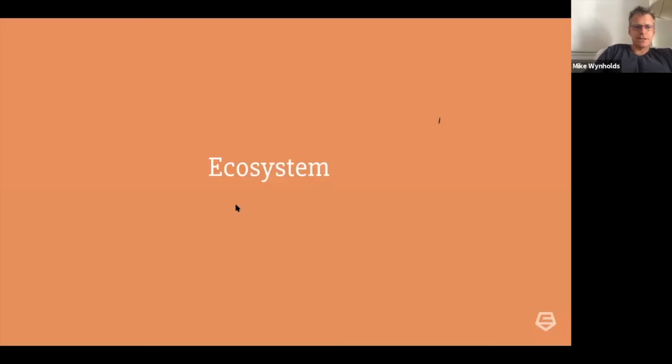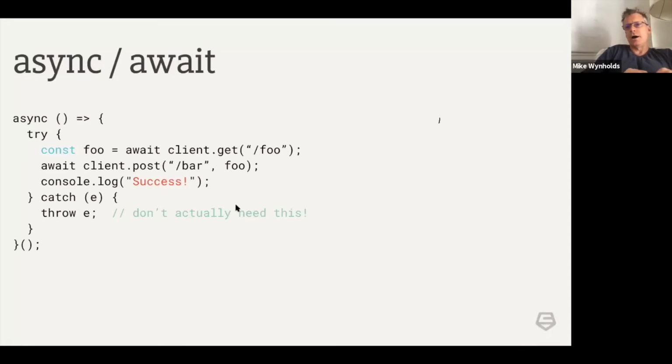So finally, we went too far. We have nowadays async and await syntax, which is interesting because the thing I find really interesting about async await is it's syntactic sugar on top of promises. Promises are a core language feature, though they look like a standard library feature.